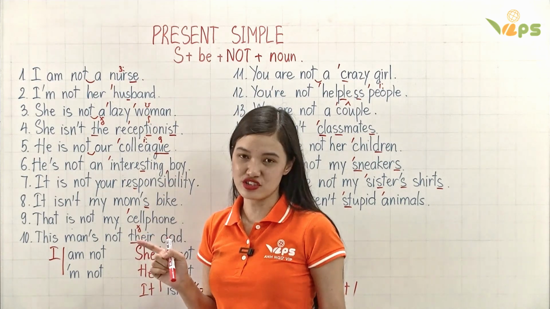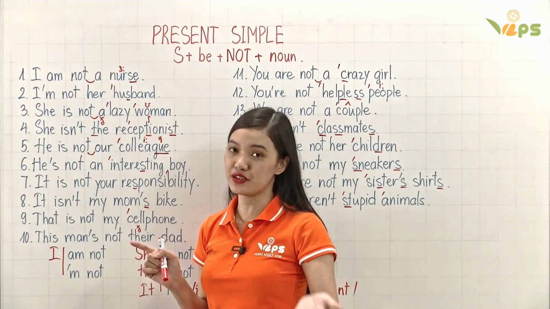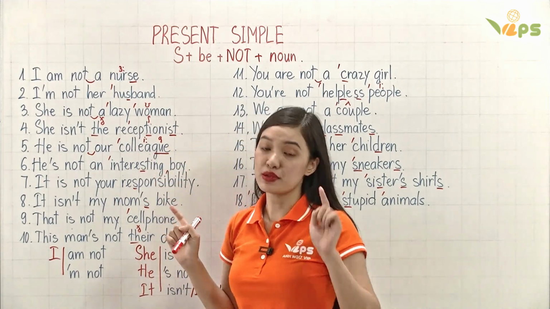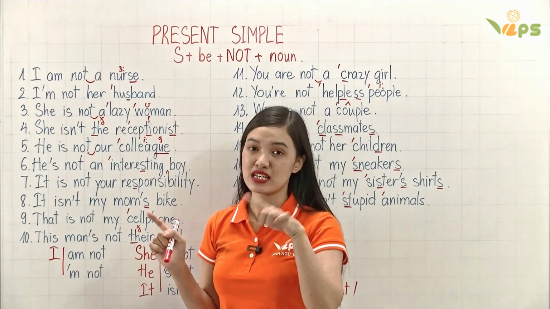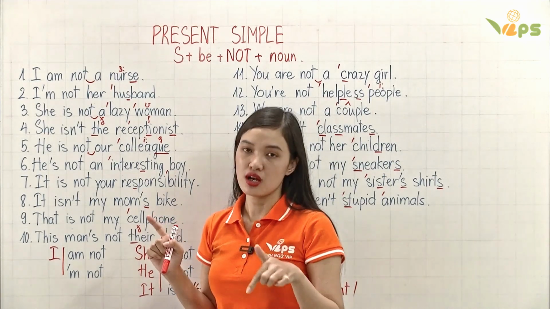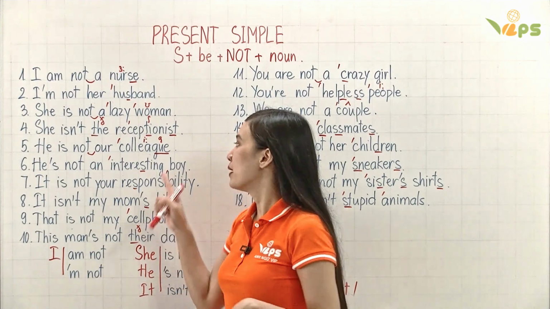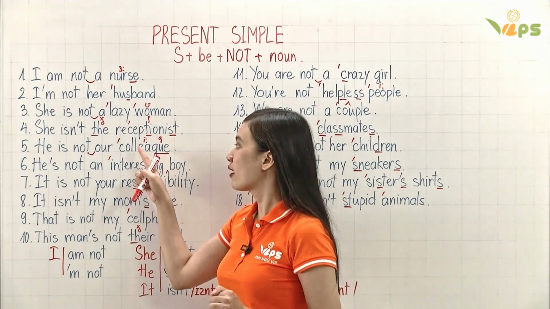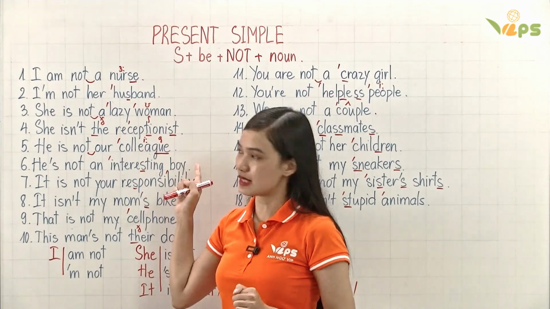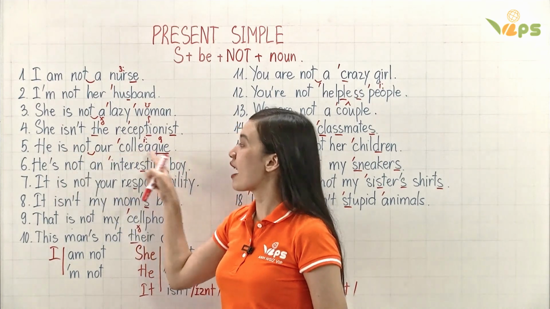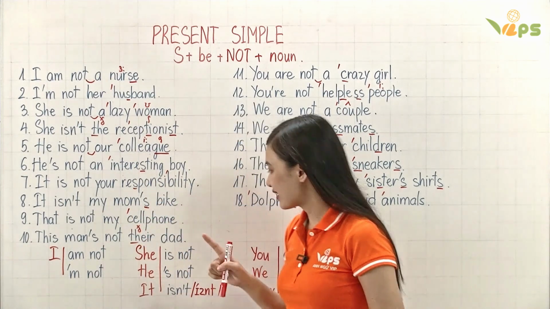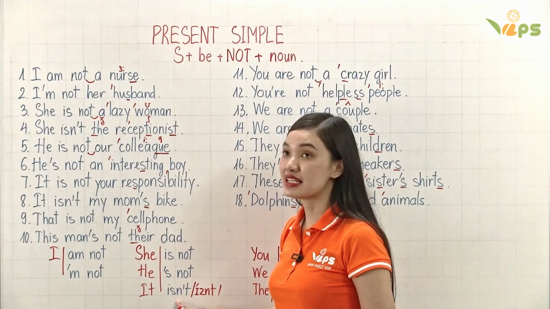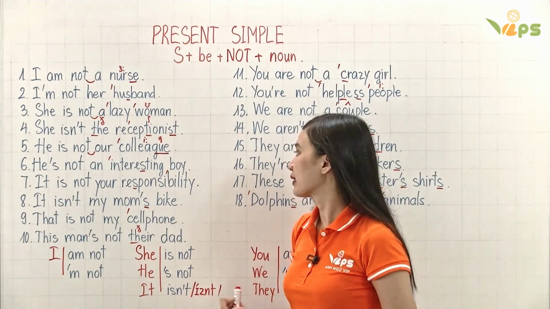No, not college. College or university, the places where you study. Here, colleague, a person. So remember college with G-E at the end, college, or change. But G-U-E at the end, we pronounce G. So, colleague. He is not our colleague. Or I can say he's not our colleague, or he isn't our colleague.